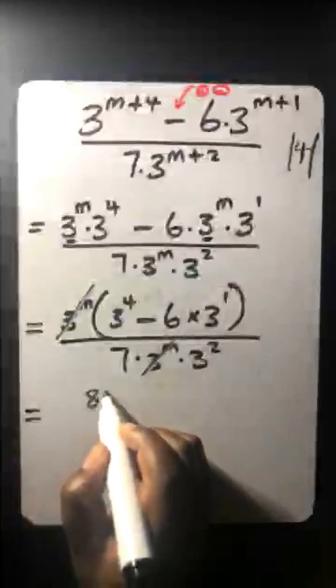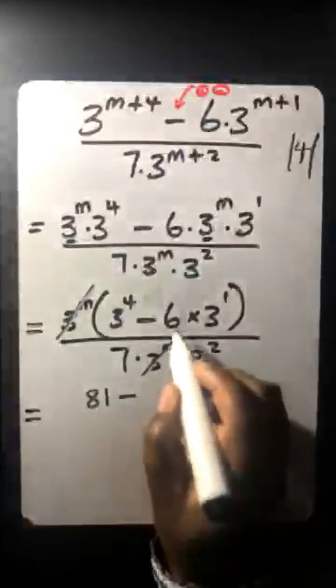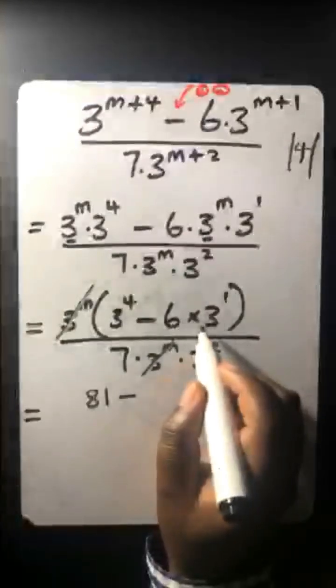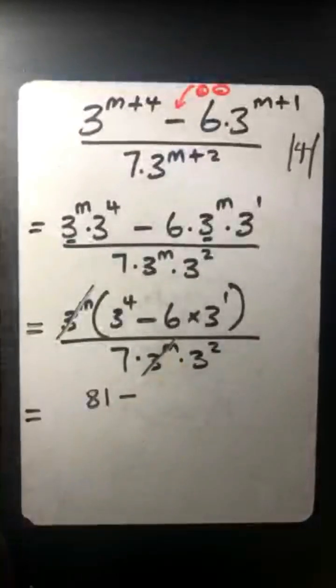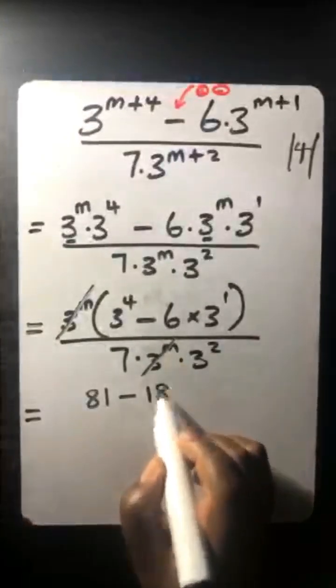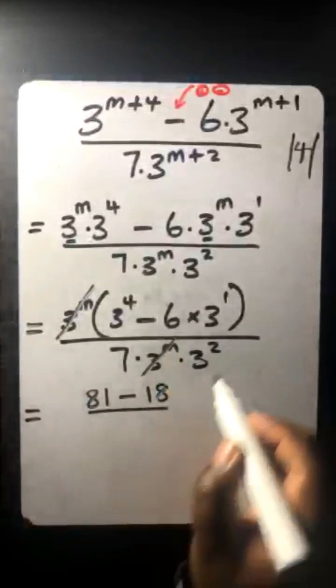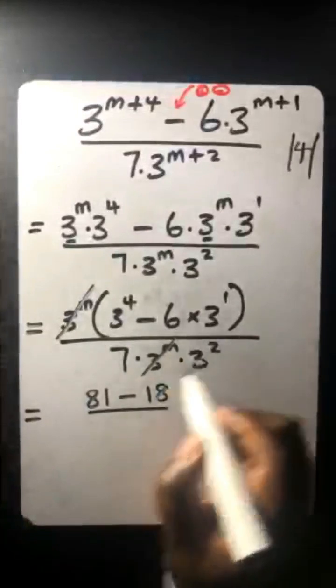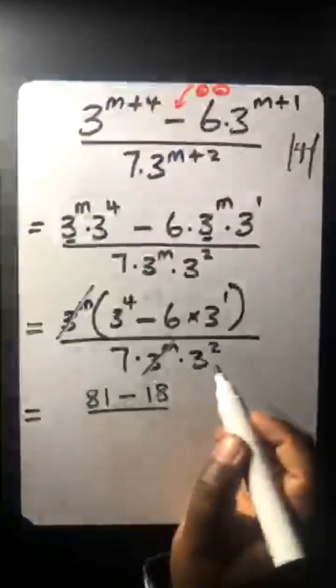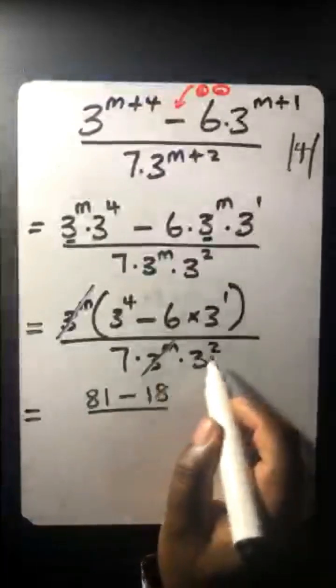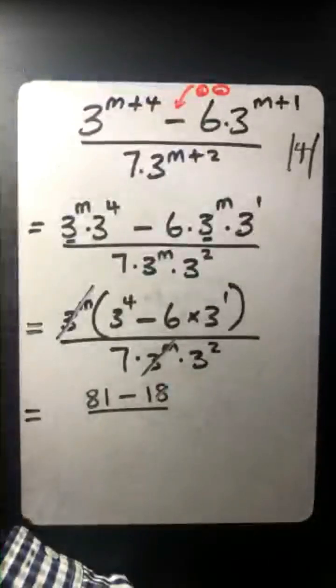Just make sure that you get the same. What is that times that? Let's see, 6 times 3 is 18. Obviously this one we know is 9, so it's 7 times 9, or otherwise 7 times the square root of that.